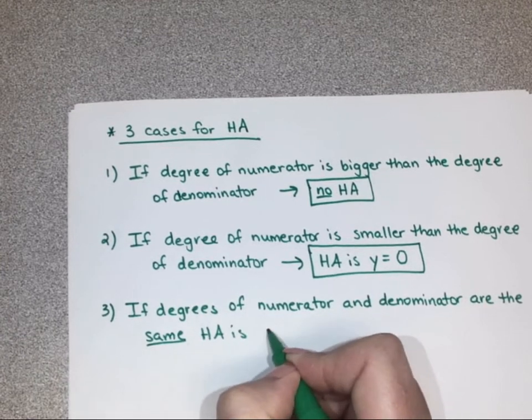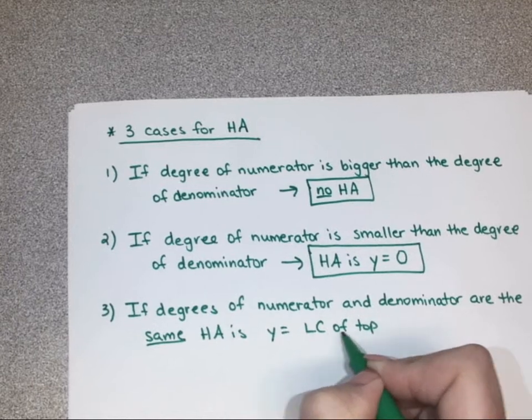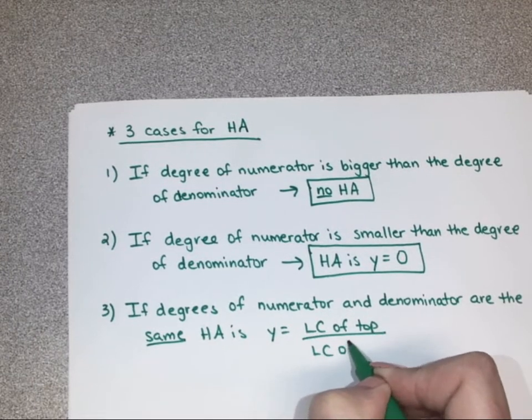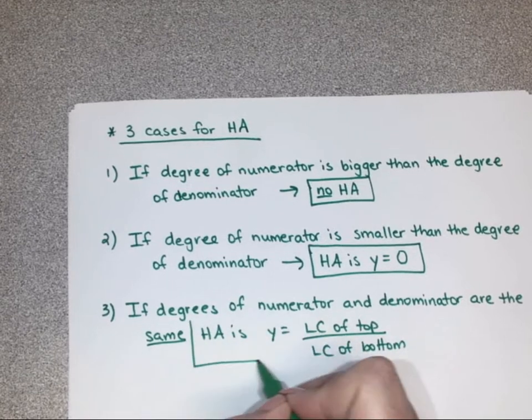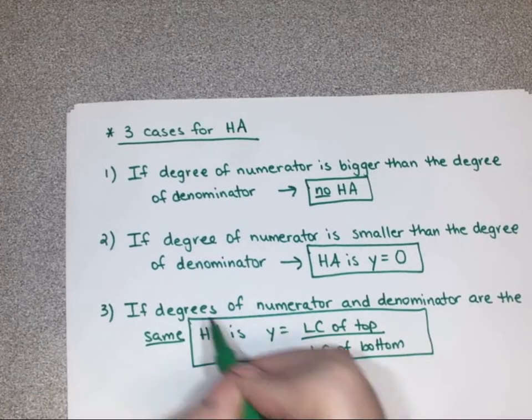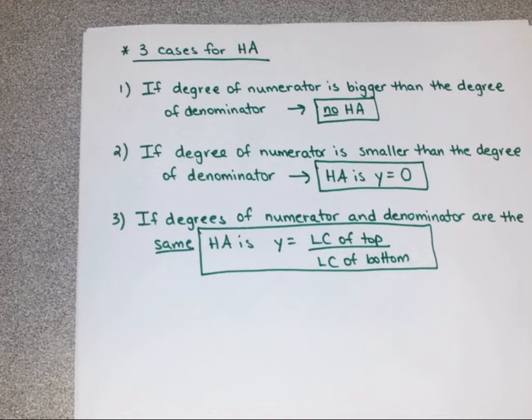So the horizontal asymptote will be y equals leading coefficient of the top over leading coefficient of the bottom. Okay, so that's going to be easier to find than it sounds. It's just going to be pulling one number from the top, putting it over one number from the bottom.